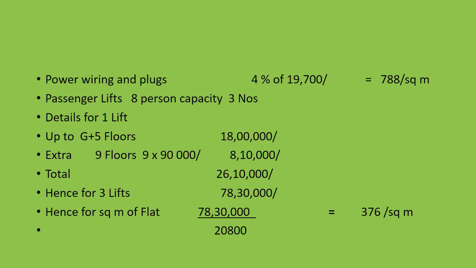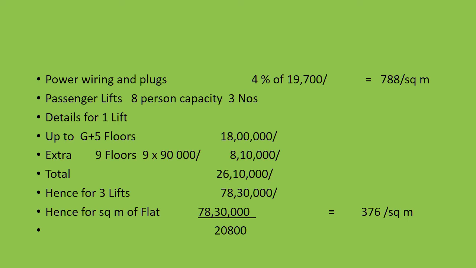Power wiring plugs 4%, passenger lifts. So for 8 persons capacity, there are 3 passenger lifts. So details of one lift. In the specification, ground plus 5 floors is 18 lakhs. Then for the additional floor, for 9 floors, it is 9 into 90,000, which is equal to 8 lakhs 10,000.